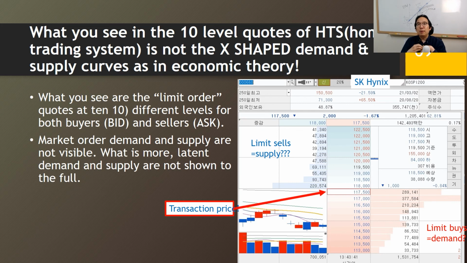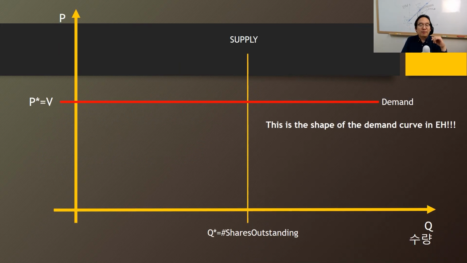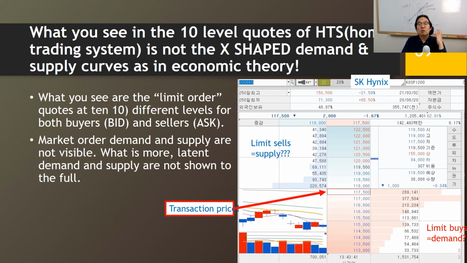That could be understood as a kind of supply curve, but that is what we call a microstructure level supply curve. What we talk about is not a microstructure level instantaneous one, but the aggregate level, including all those potential market orders and potential sellers that are not shown over here, right?